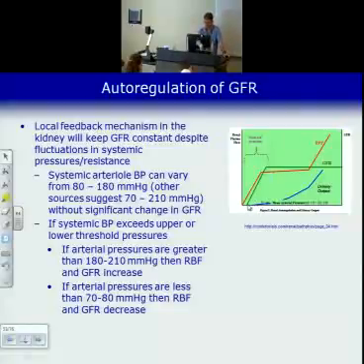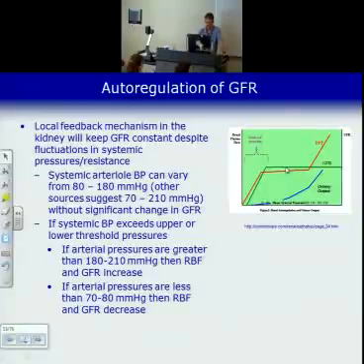So this slide gives a nice visual, I think. The green is the GFR. This is representing your pressures. And so at very low pressures, no matter what, that autoregulation can't maintain GFR. But if you get up to those 70, 80 kind of numbers, GFR is going to remain static.